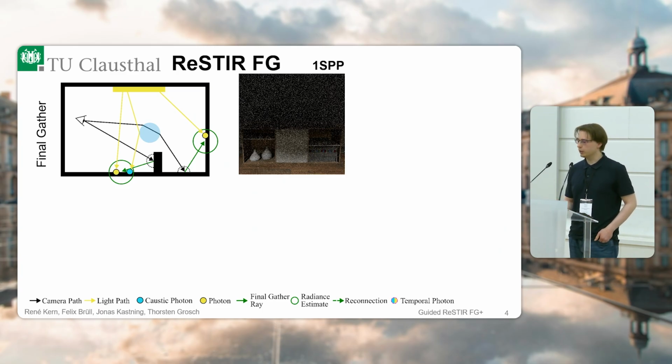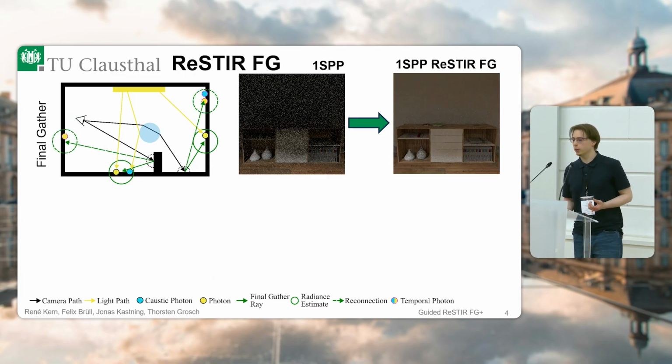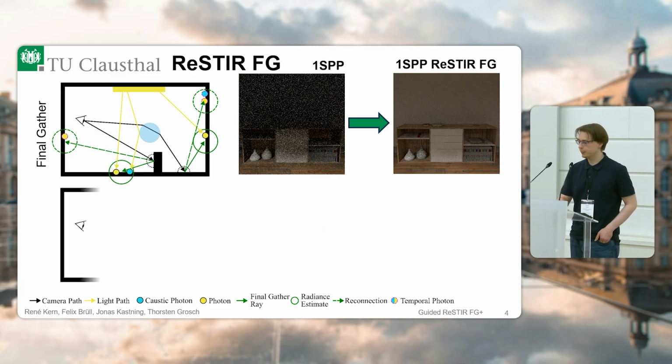These lead to noisy, path tracing-like images for the diffuse indirect illumination. For resampling, we basically reconnect to samples from past or neighbor pixels.